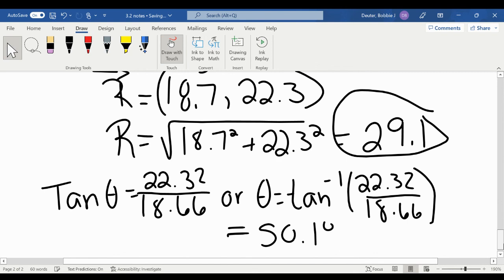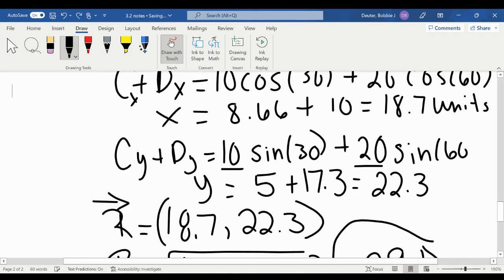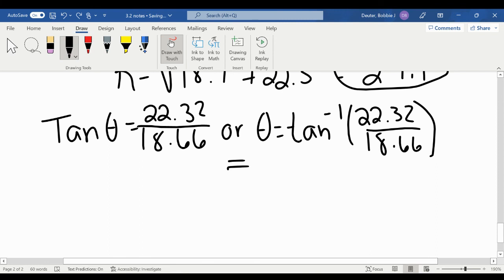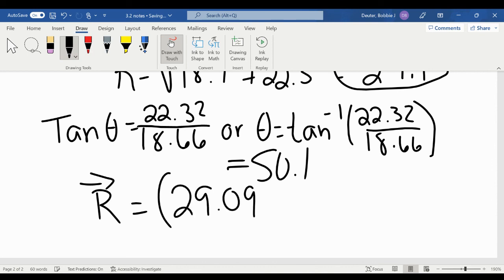And so when we're writing this final value for our R, so we have both a magnitude and a directional value for this, we want to have our R vector is equal to, and we want to put our magnitude first, which is 29.09, with a comma giving our direction, 50.1 degrees.